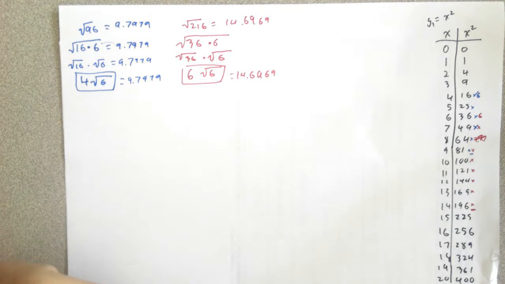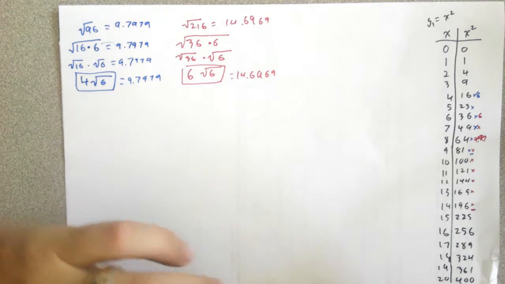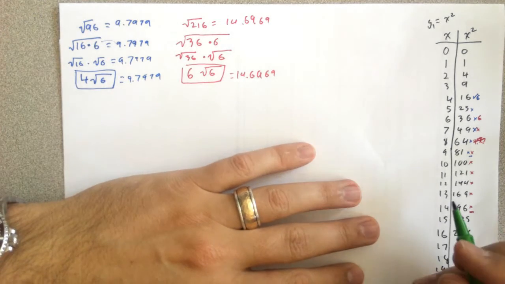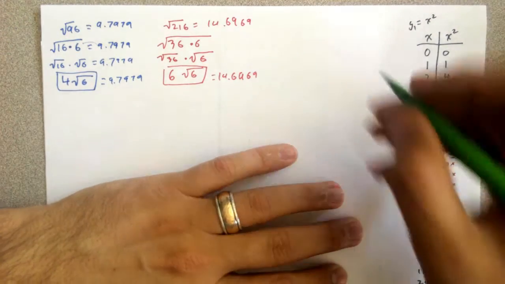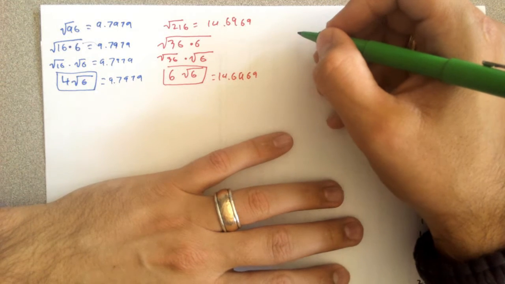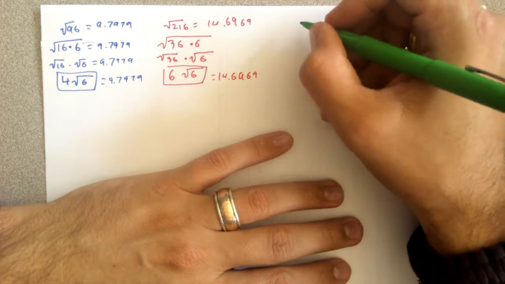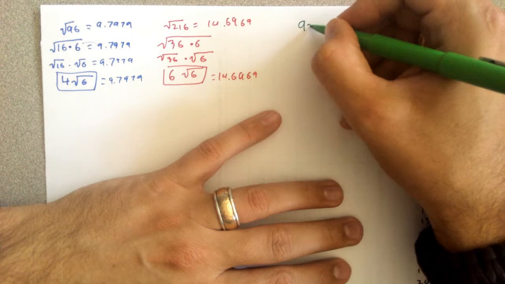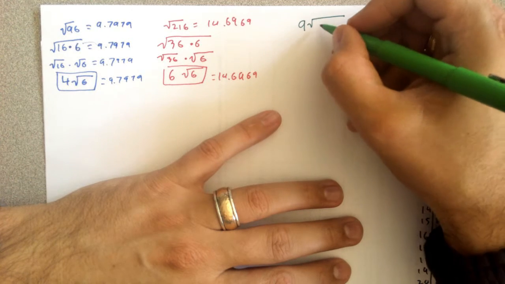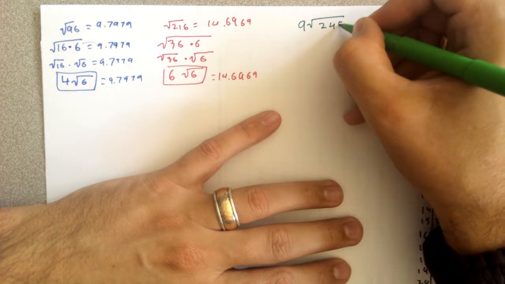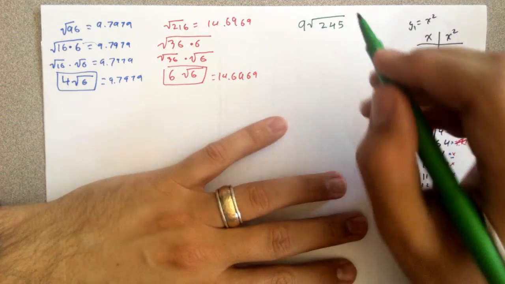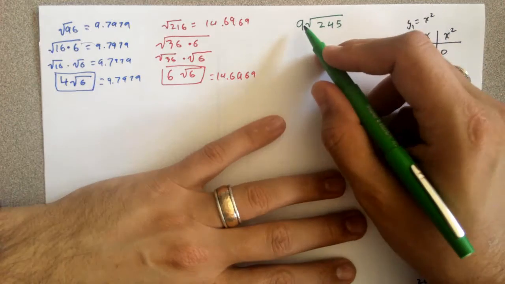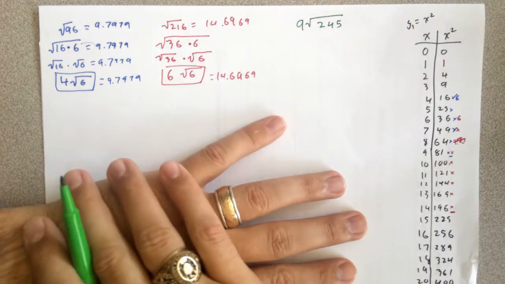Okay, let's step this up. We're going to throw a little bit of a change into the process. Our next one is going to be number 12 from this paper. Number 12 is 9 times the square root of 245. You'll notice that this one has a number in front of the radical.